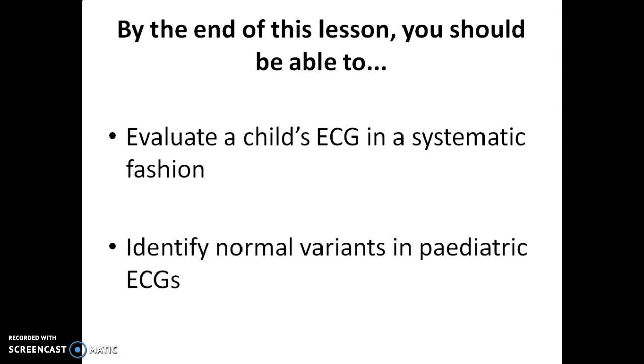And you'd also be able to identify what's a normal variant in children's ECGs, so that you don't get alarmed by seeing things that look really abnormal if you saw them in an adult or older child.